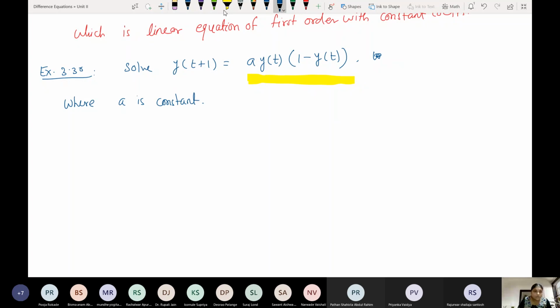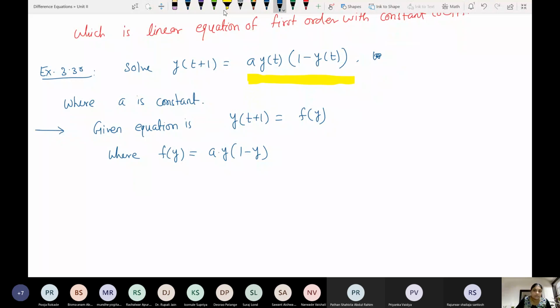So the given equation can be written as y at t plus 1 is equal to f of y, where what is f of y? f of y is a times y times 1 minus y, or you can write f of y of t also.